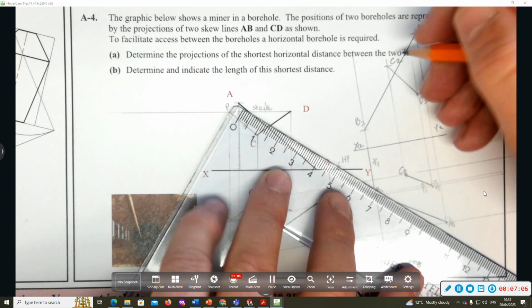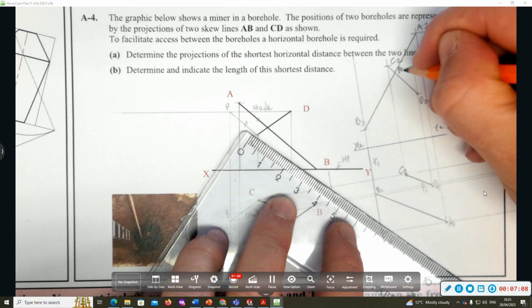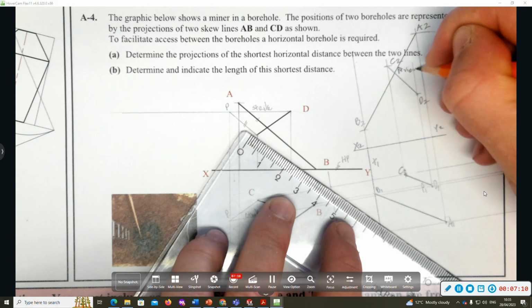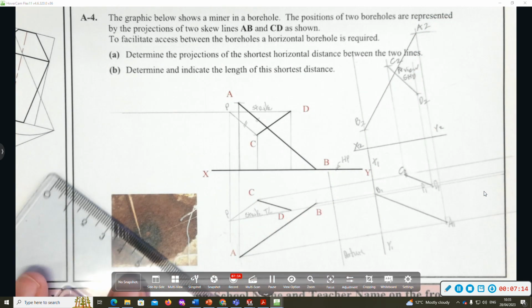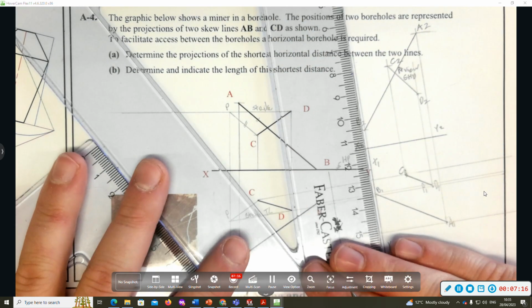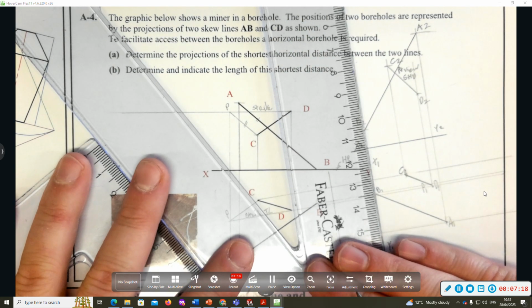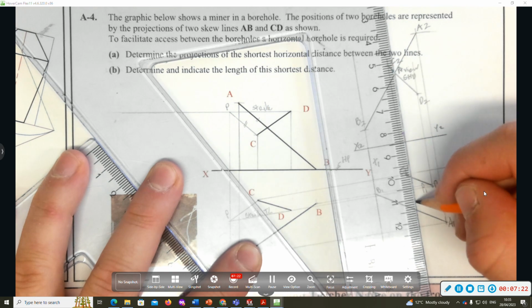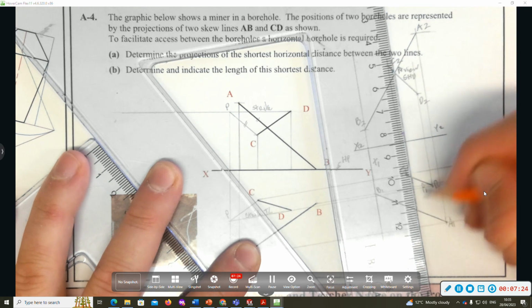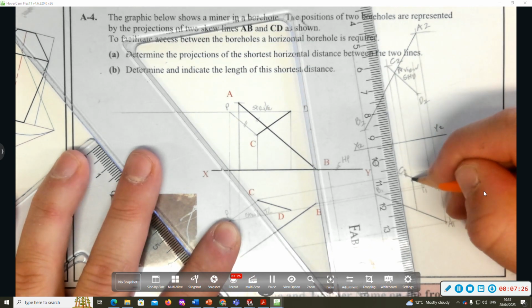Now, here's a point view of the shortest horizontal distance. Now I have to project this back to my auxiliary elevation and then my plan view. So I'm going to project this back down. So here's the shortest horizontal distance here.